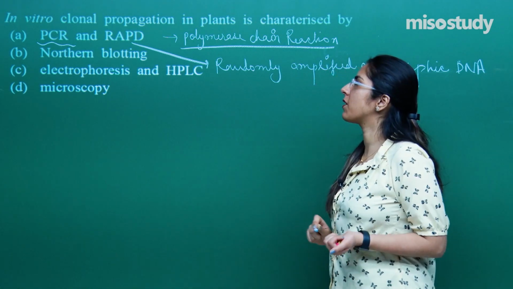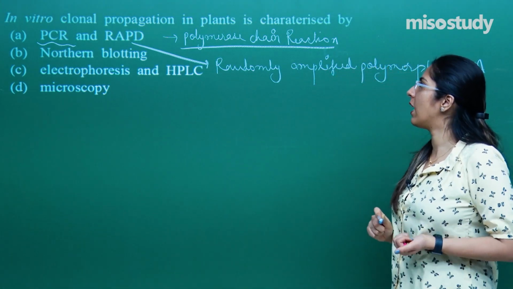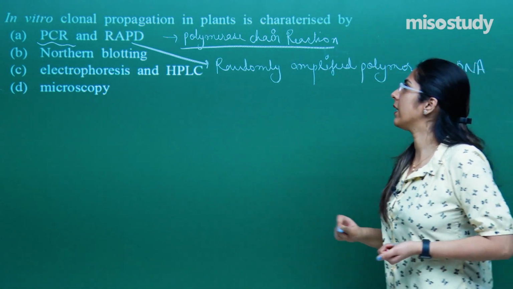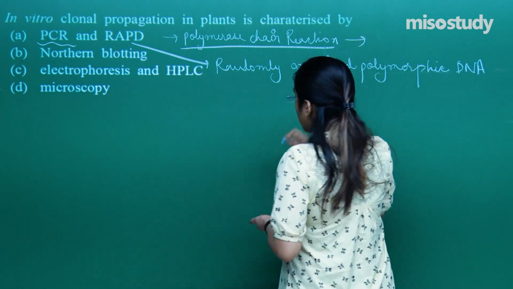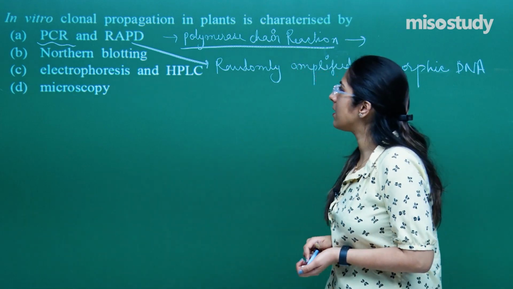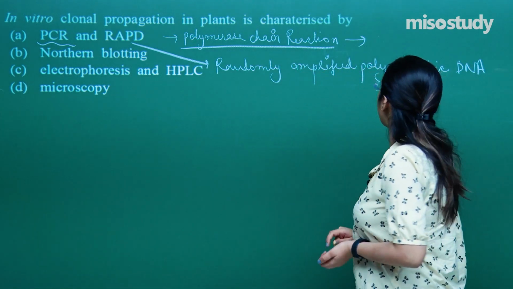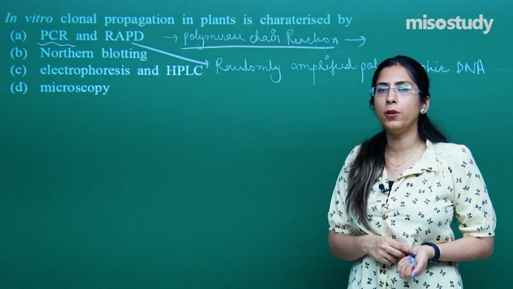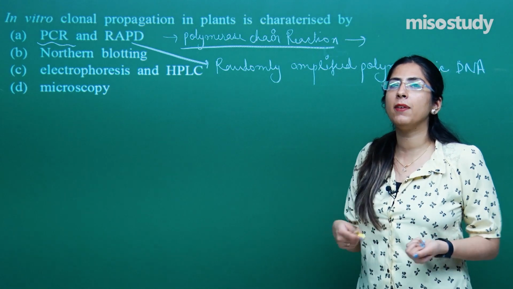There is a characteristic difference between PCR and RAPD. In the polymerase chain reaction, they produce a copy of a specific gene, whereas in RAPD, randomly amplified polymorphic DNA, they amplify random genes.